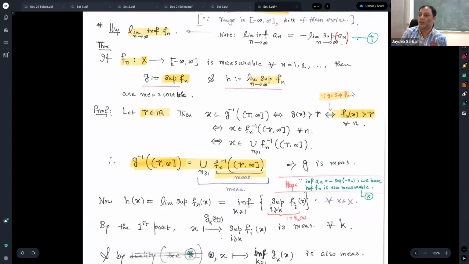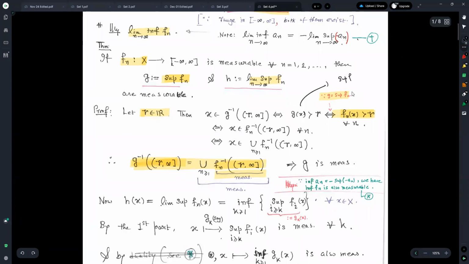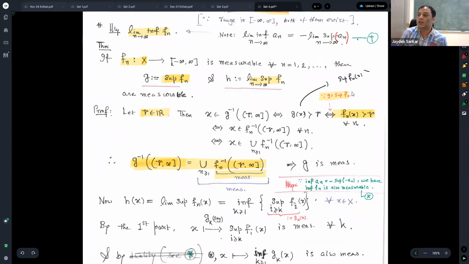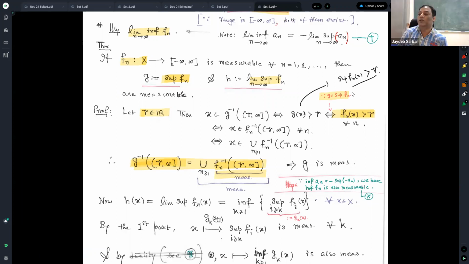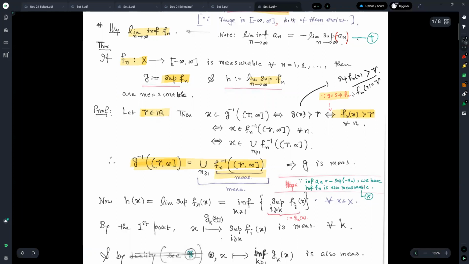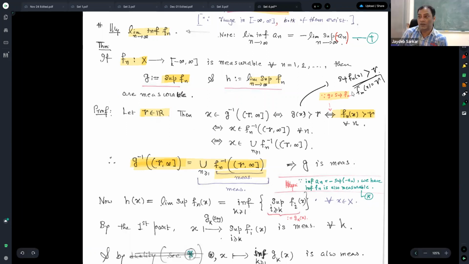What you are saying tells you that sup of Fn(x) is larger than R. So there will be some n for which Fn(x) will be greater than R, right? You mean it is possible that for some n, Fm(x) equals R? Maybe less than R also. Is that the case?